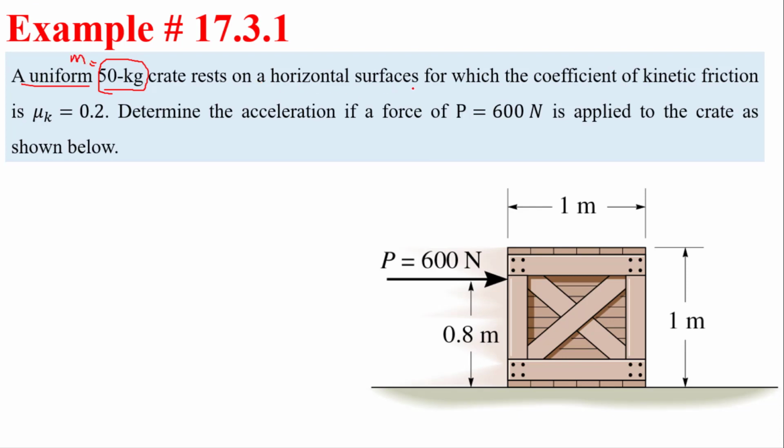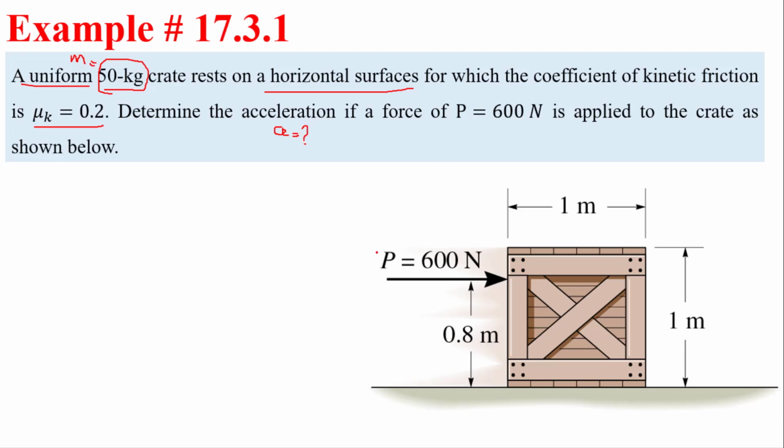Rests on a horizontal surface for which the coefficient of kinetic friction, so this is the friction with the ground, kinetic friction. Determine the acceleration. We need to find out the crate acceleration, okay, so it is unknown.